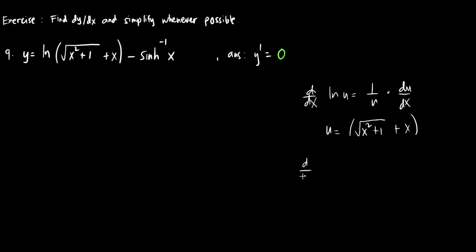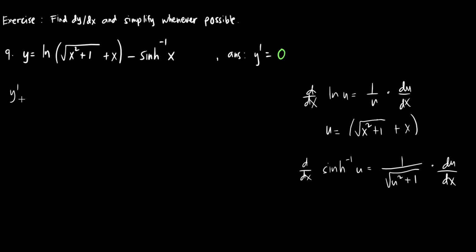And then the derivative of hyperbolic arcsine of u is equal to 1 all over the square root of u squared plus 1 du over dx. So take note of that one. So we'll get its first derivative.